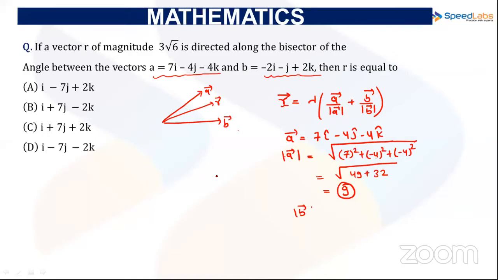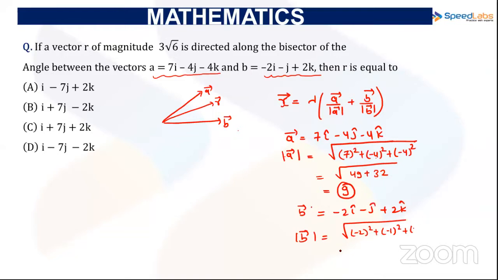Okay, so let me just erase this. Yes, so what is our b vector? It is given to you in the question. B vector is minus 2i minus j plus 2k, right? So modulus of b will be under root of minus 2 square plus minus 1 square plus 2 square.